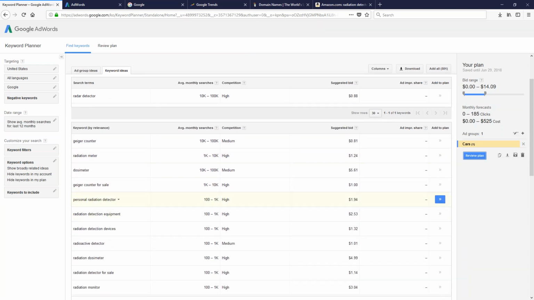It gives me a number of other ones. Personal radiation detector is showing up in a lower range. Geiger counter is very, very high. Now, while there's a lot of searches for this kind of a search term, if you remember the previous class where I was talking about you wanting to avoid the really high competition that will typically be found with those very vague general phrases, this is what I was referring to.